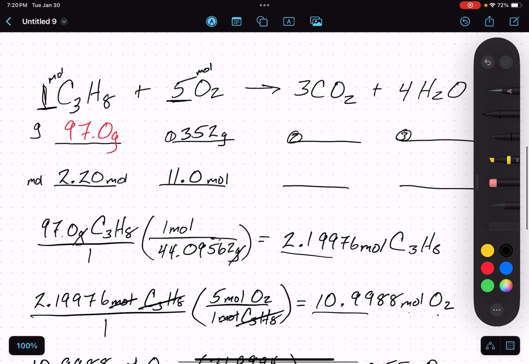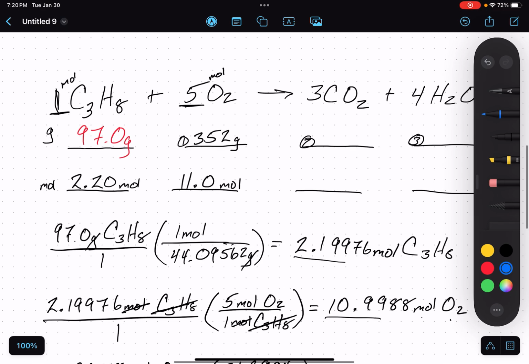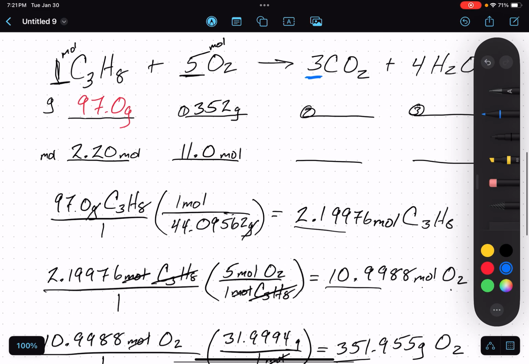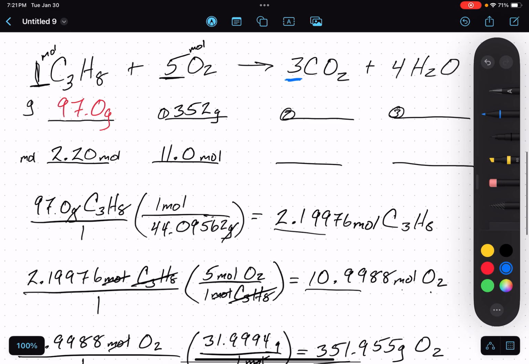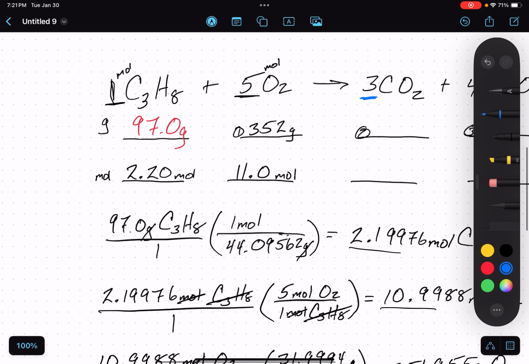Now we need to find out how much carbon dioxide. So carbon dioxide is now going to become B. I'm going to change the colors here. I need to find out the amount of carbon dioxide, and I need to use a mole amount that I already know. I actually have 2 choices here. I can either use moles of oxygen or moles of propane. If I use oxygen, then I want to use the 3 and the 5 between these two.